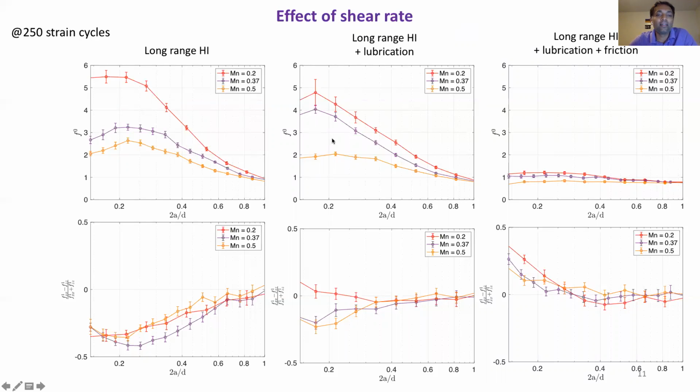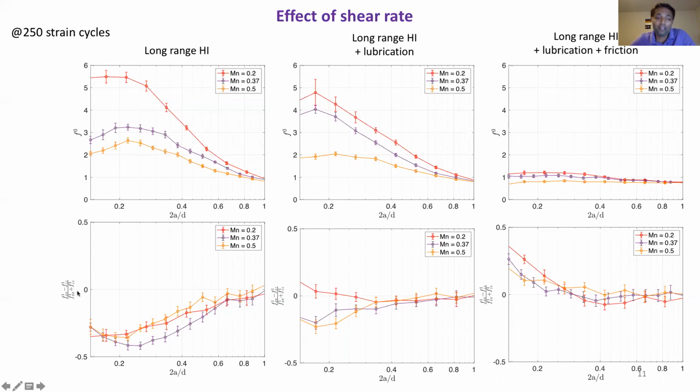And again, the gels produced by the lubrication module or the long-range hydrodynamic module show similar results, indicating again that lubrication does not play a role in establishing the heterogeneity or the cluster sizes. Whereas when you have friction, for all the shear rates, the material is more uniform and very small number density fluctuations exist.